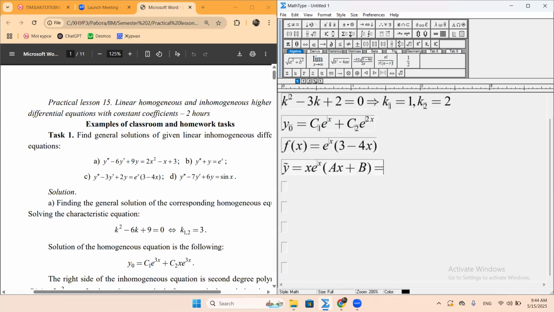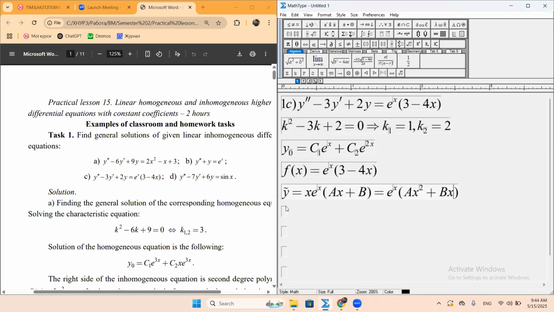Let us rewrite it a little bit: e to the power of x, I will move x into the brackets, so (ax squared plus bx).